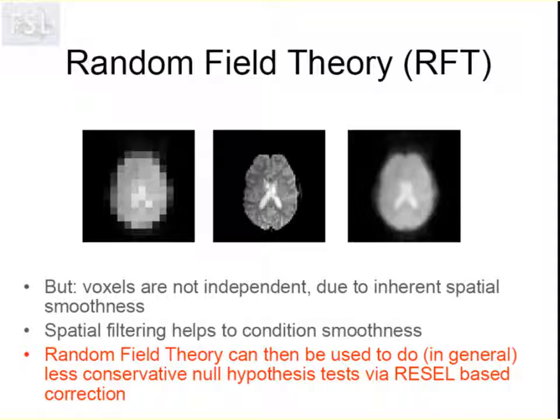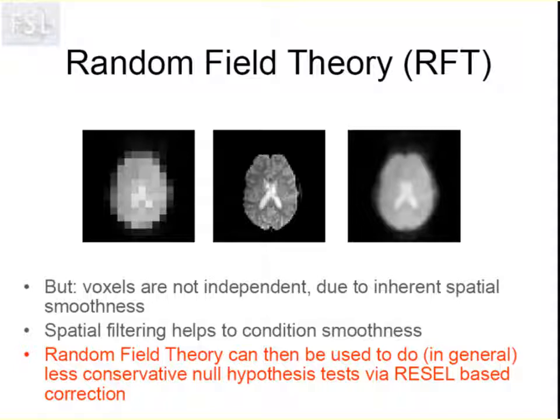This is where random field theory briefly enters our story, which is a way of assessing the extent to which there is spatial structure in the data, and therefore the extent to which it differs from just the total number of voxels in the data, i.e. a way of assessing the real number of functional voxels, if you like, rather than the actual number of voxel time courses.